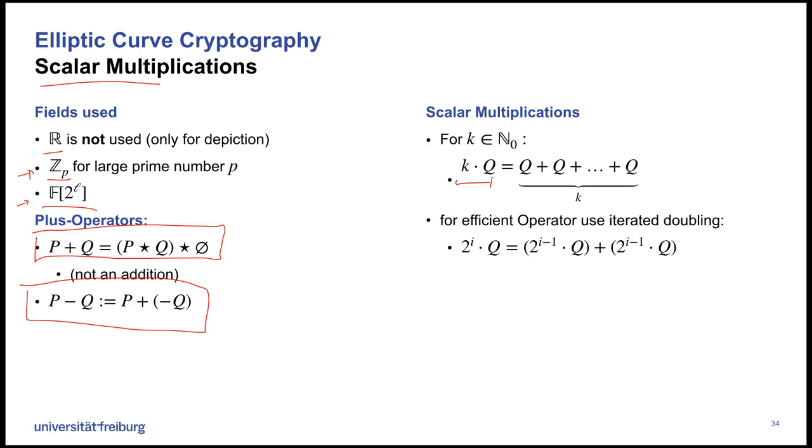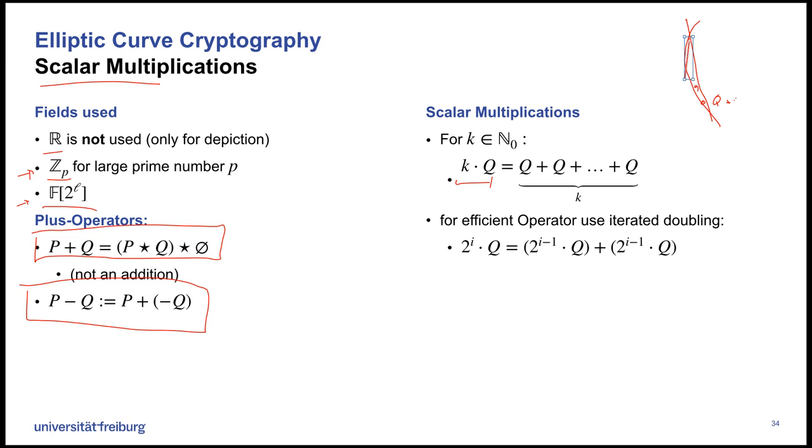We already know what Q plus Q is, because for Q plus Q you have Q and Q, and you compute the intersection and map it back. So Q plus Q is clear. But Q plus Q plus Q is already somewhere else, and you somehow get around. Next week we do an exercise where we look at how this really works out for residual fields.